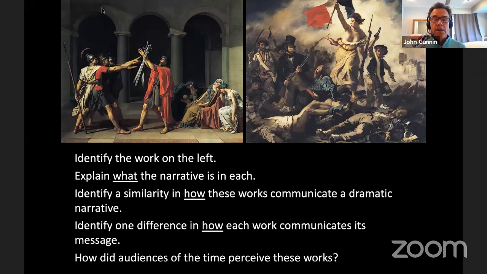Audience of the time, on the work on the left, thousands and thousands of people saw this work because they marched through the Louvre Museum in Paris to see it when it was on display, and it would have made a big impression on them. The one on the right was also a very inspirational picture for people to see.